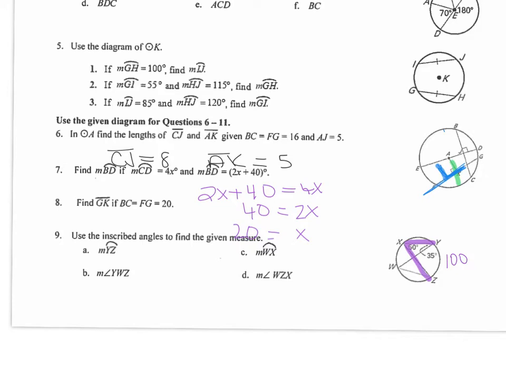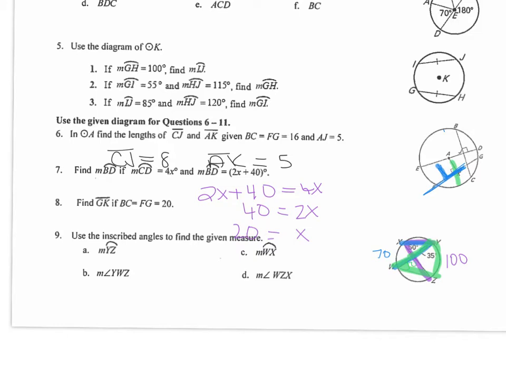If I look at my next number, and I should be using a highlighter, that's an inscribed angle. It equals 35 degrees, which means this arc equals 70. I have another inscribed angle that's right here. Well, again, I know how to use technology. That's an inscribed angle. It corresponds with the arc 100. So that means W is also 50.